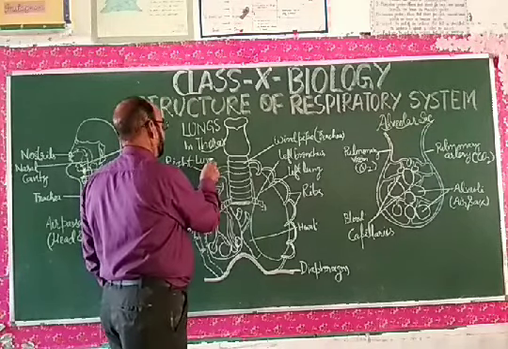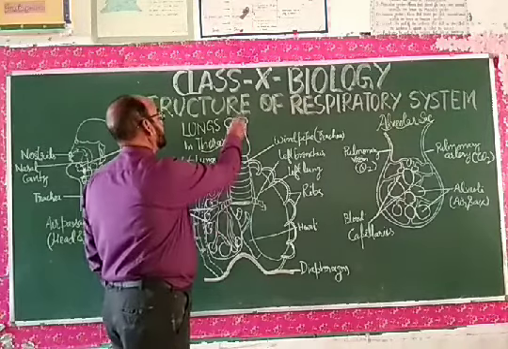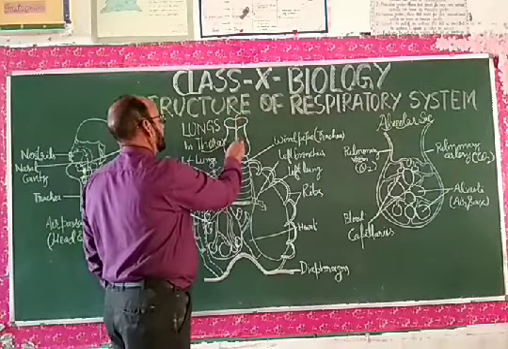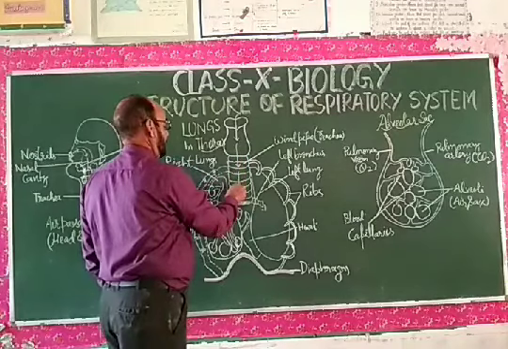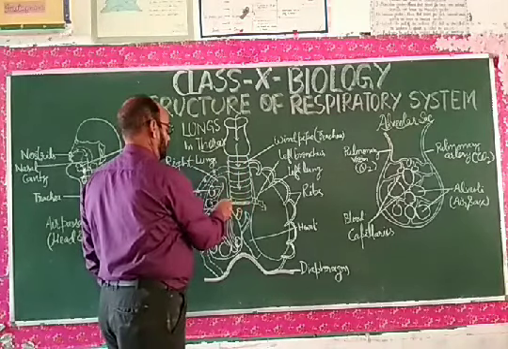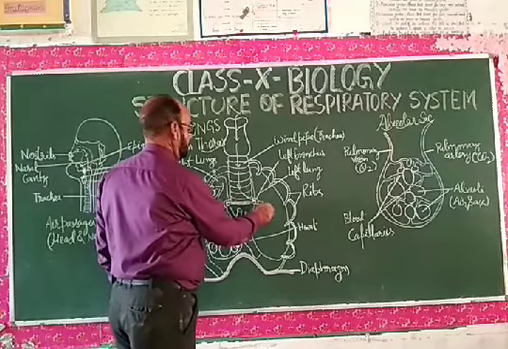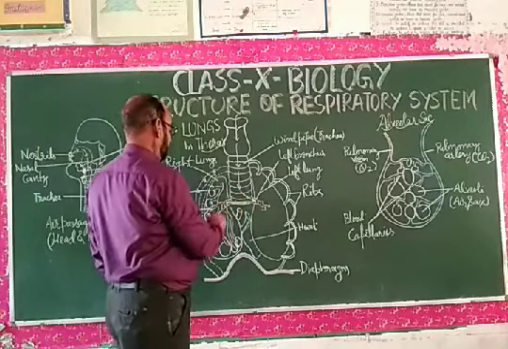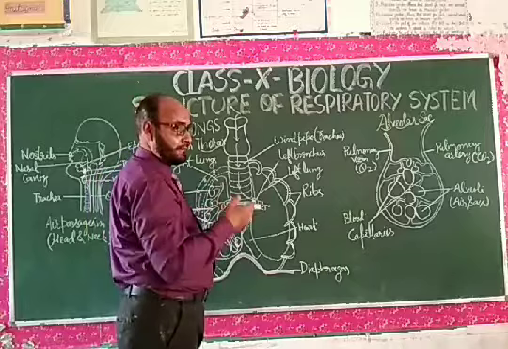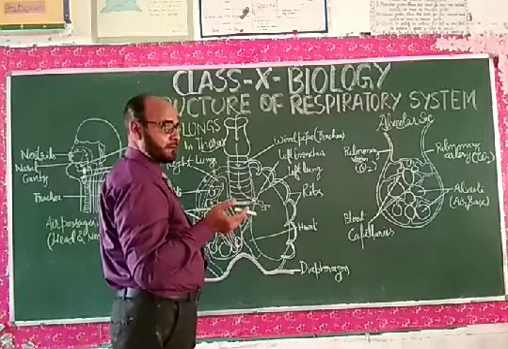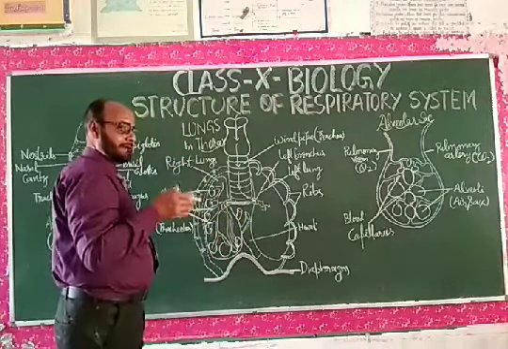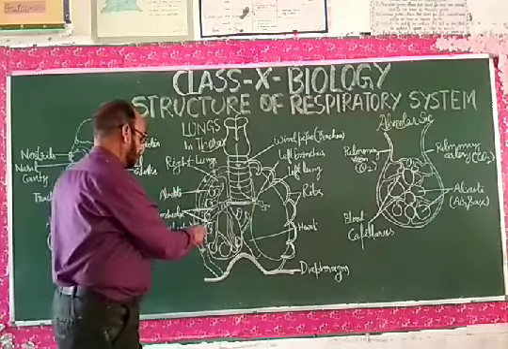So dear students, the air comes into the trachea from the nostril and it goes to both lungs like this, and this air gets exchanged with the air that is present inside the alveoli.